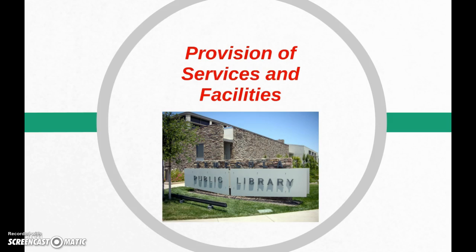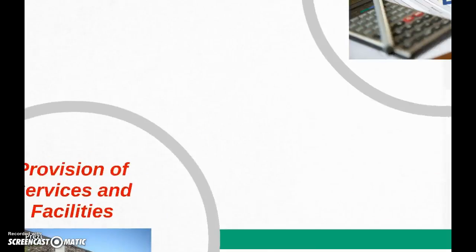So for example, the location of your school to your residences is going to determine if you have to take school buses or if the kids are going to walk to school. So the provision of services and facilities means what type of services you're going to have in your community and where they're located.